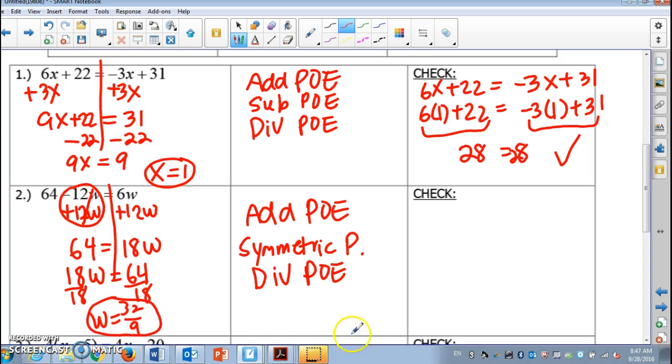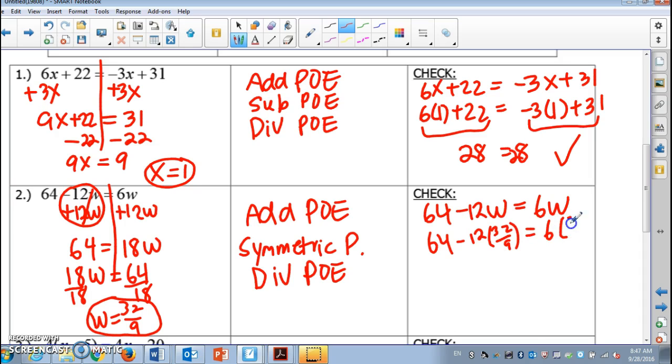Now, what do we need to do? We're going to check it. So we're going to rewrite the problem. 64 minus 12w equals 6w. All right? And then we're going to substitute 32 over 9 for both. 12 times 32 over 9. 6 times 32 over 9. Okay?